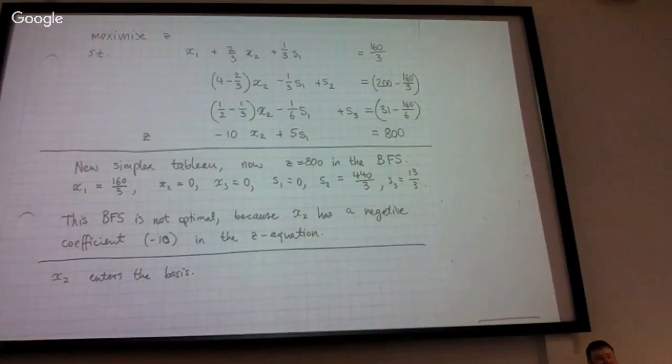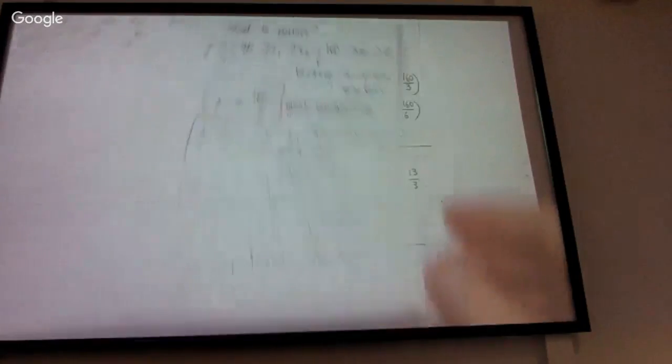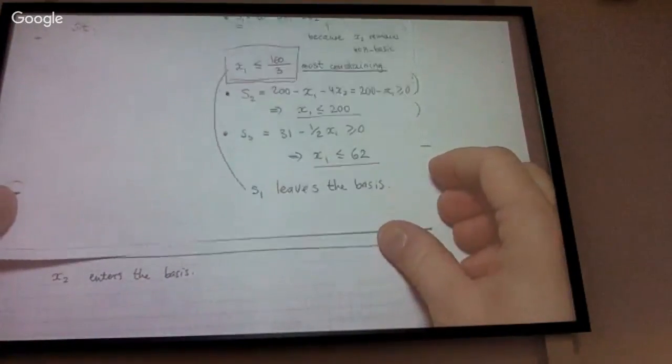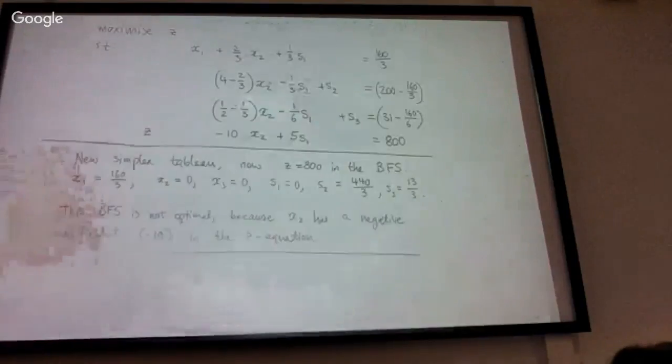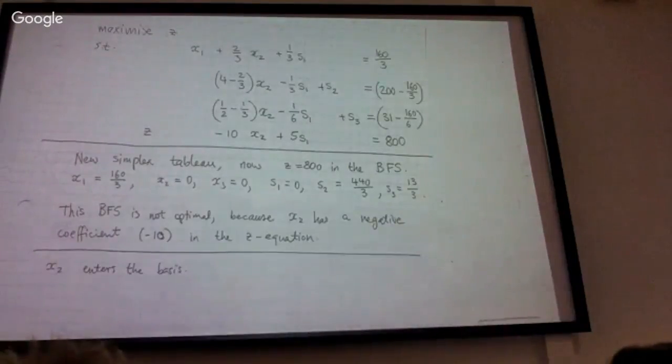By rearranging one of the equations, so x2 is constrained, always less than a value. Yeah, that's correct. So from the tableau that we had last week, we did this kind of trick. Now, okay, I'm going to show you everything.